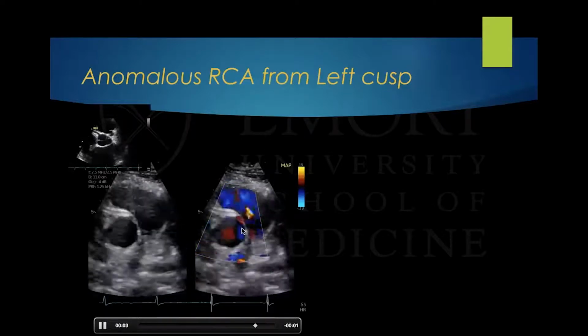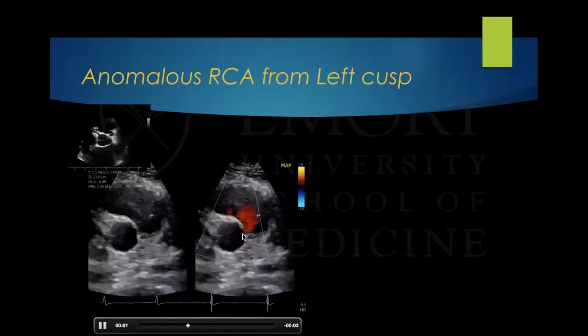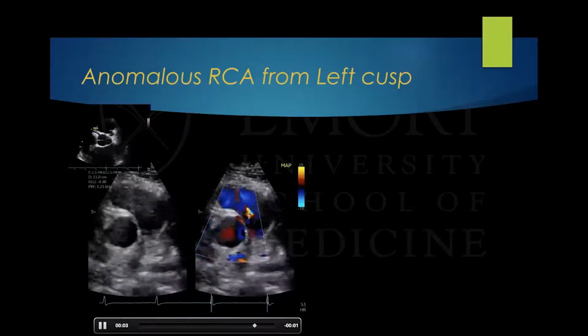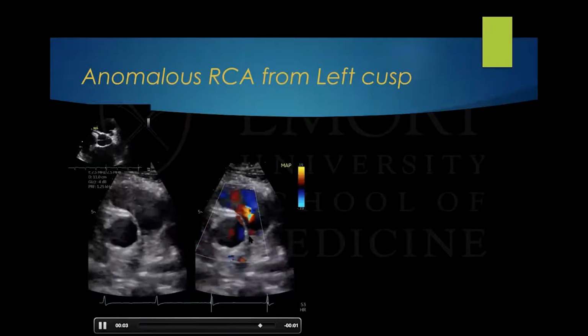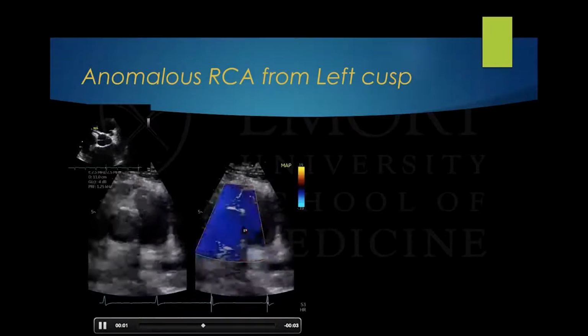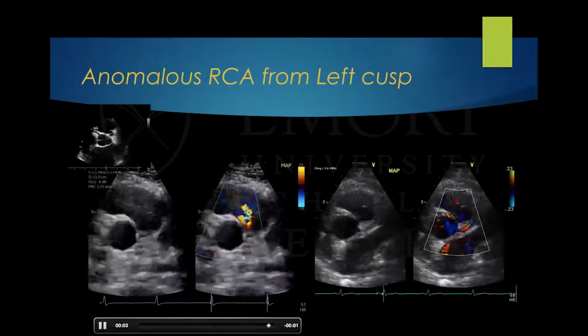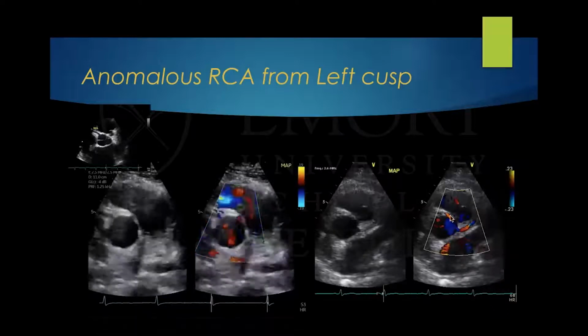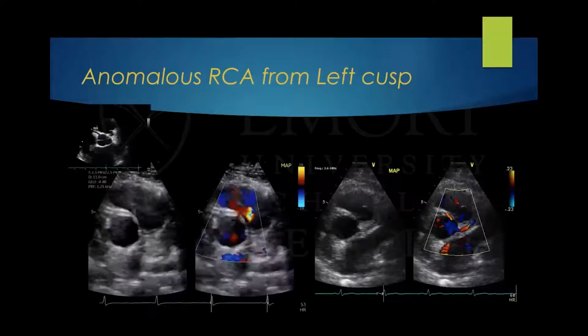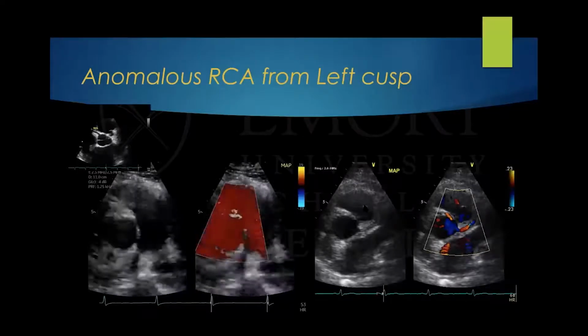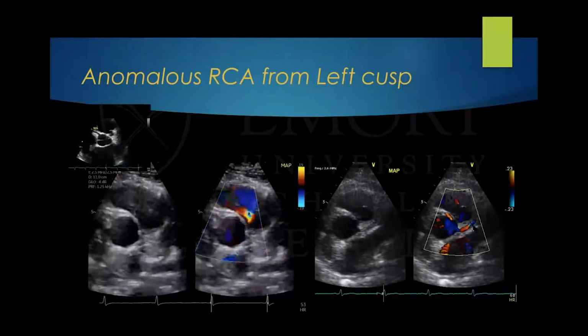This red flow directs you to where the origin of this right coronary is. The left coronary is here, and this is the right. And then you can appreciate there is an intramural course in order to reach the right side of the normal course. This is the left coronary over here.